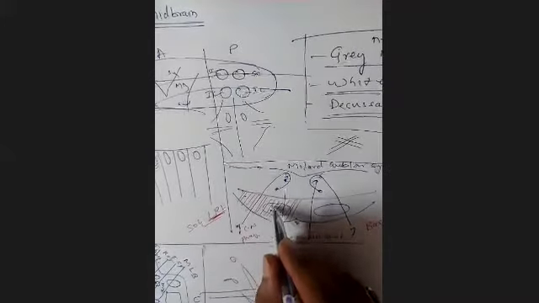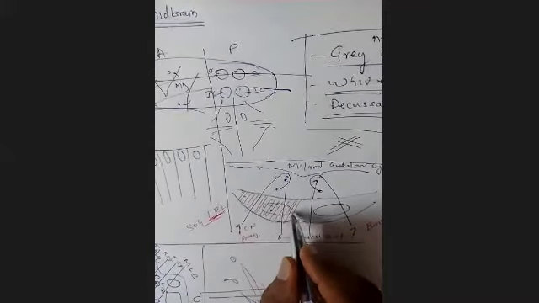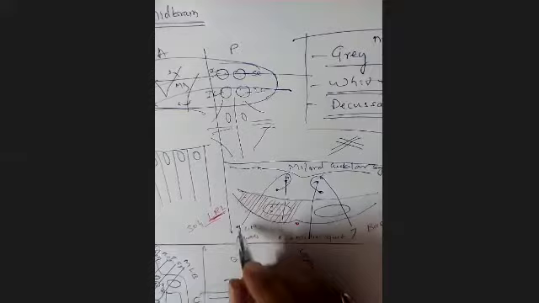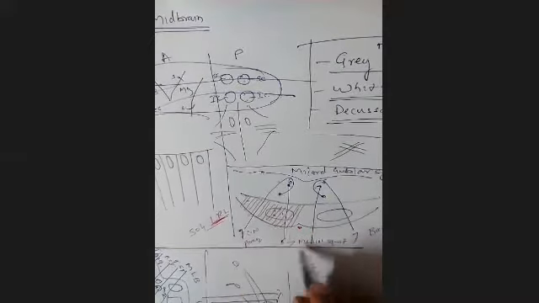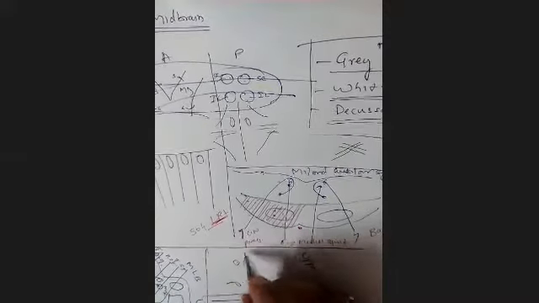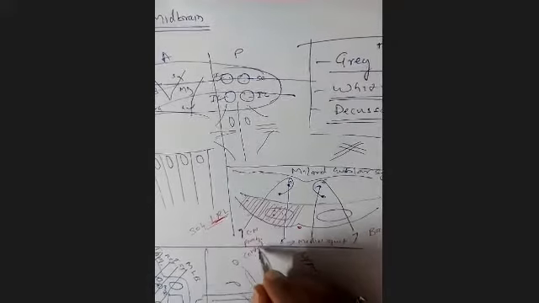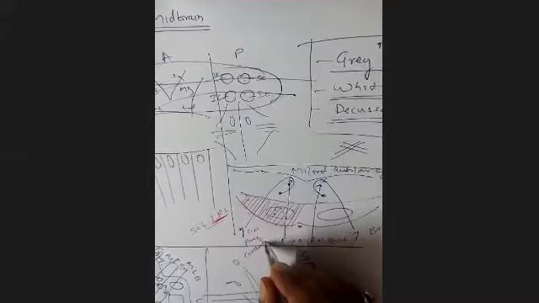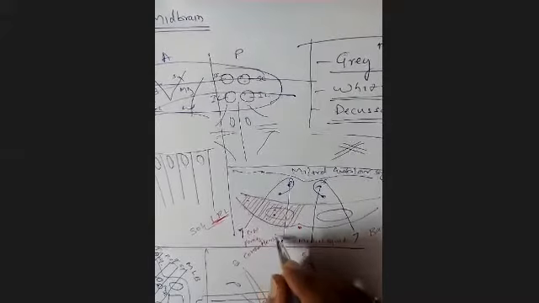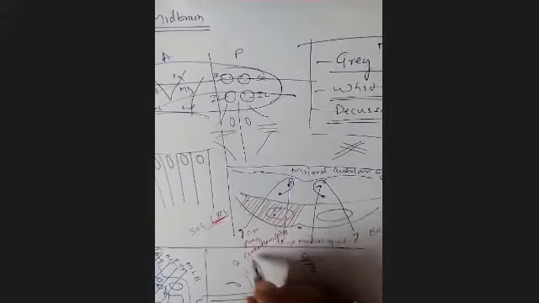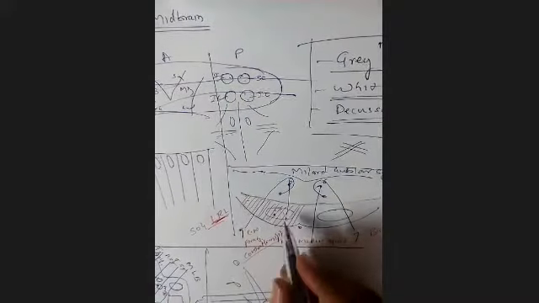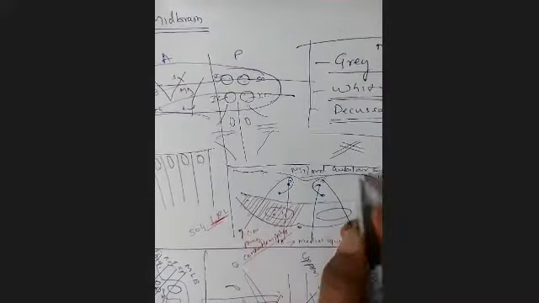But the corticospinal tract at the level of the medulla goes to the opposite side. So there will be medial squint, seventh nerve paralysis, and contralateral hemiplegia.